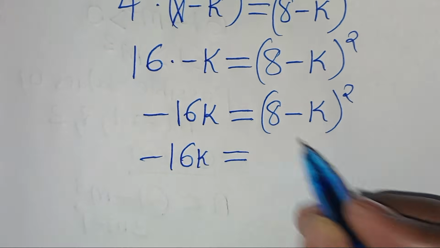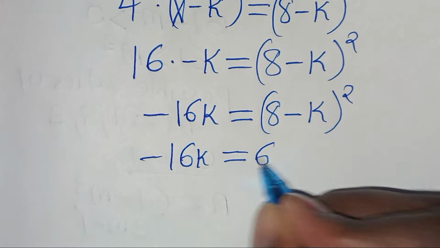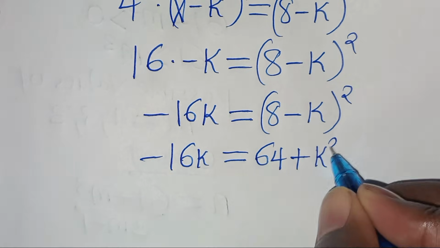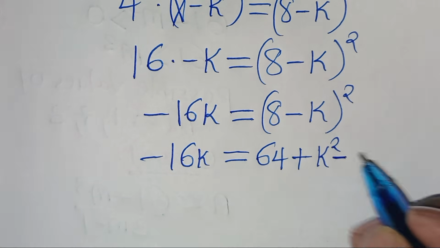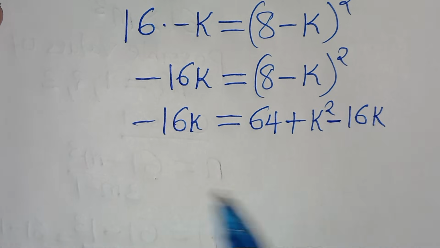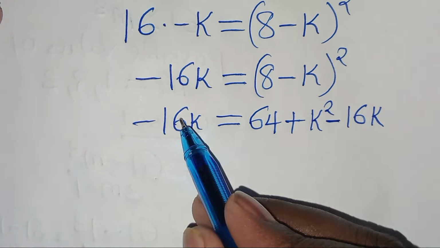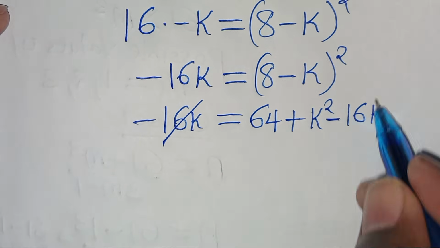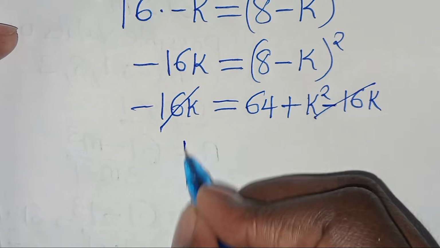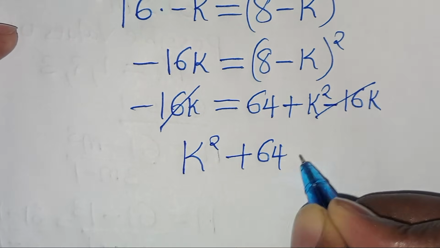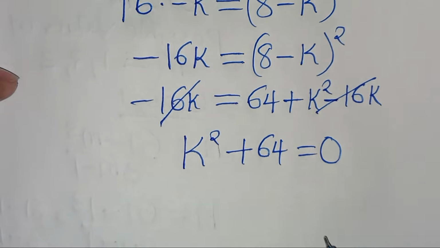This is equal to 8 squared. This is 64. Then plus k squared. Then subtract 16k. Now we have negative 16k here, and we have minus 16k here. So we simplify here. And this means we have k squared plus 64. This is equal to 0.